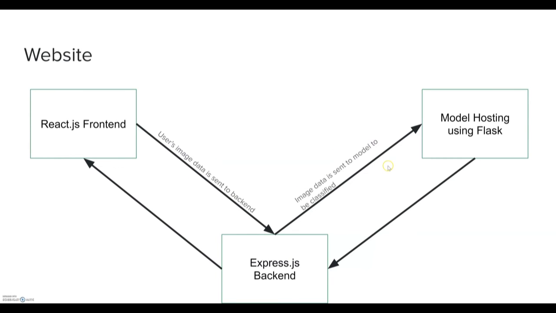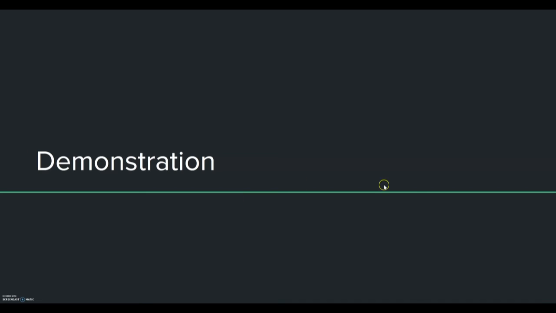Once the model classifies the image using the models that were trained earlier, the Flask backend will then send the prediction to the Express.js backend, which will then send it to the frontend where it will be displayed to the user. Now, here is a demonstration of that website in action.